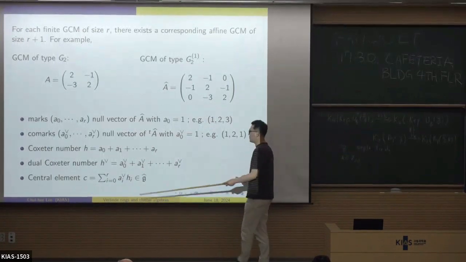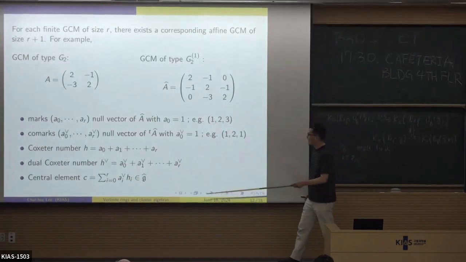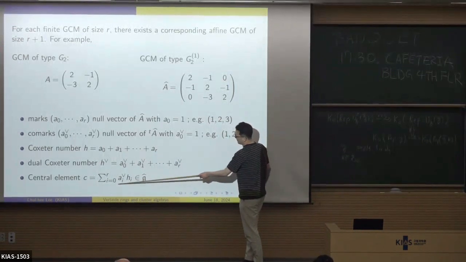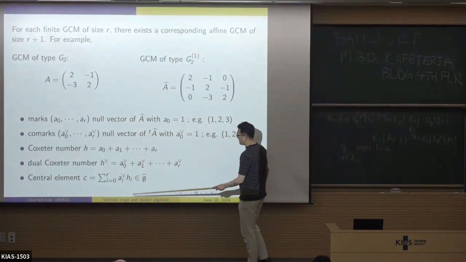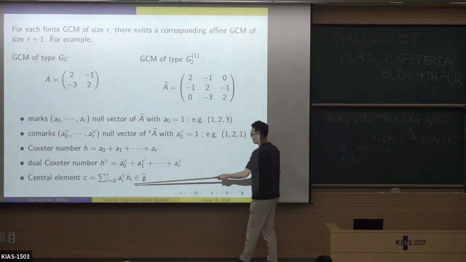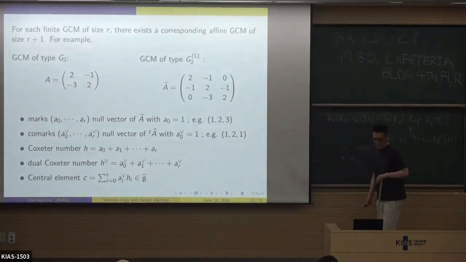This is the central element, which means it commutes with every other element in the Lie algebra, and it can be found by taking a linear combination of the generators h_i using the comarks. So this defines a certain distinguished element in the affine Lie algebra.